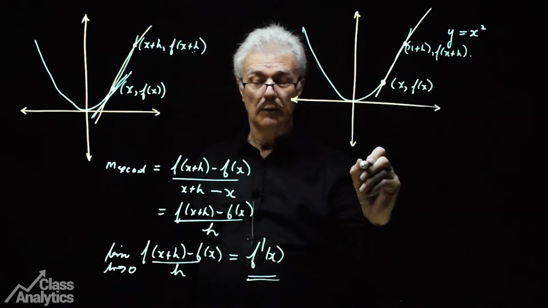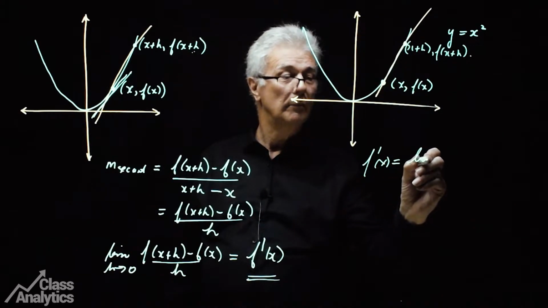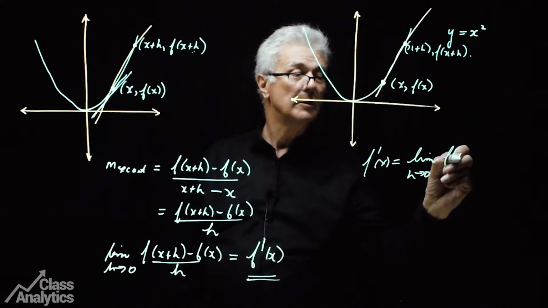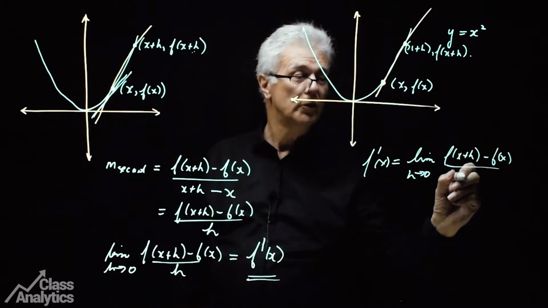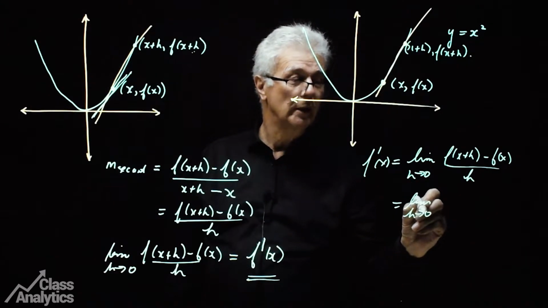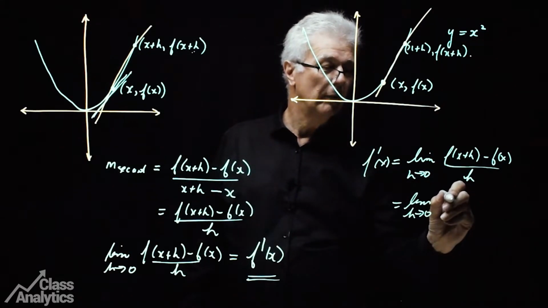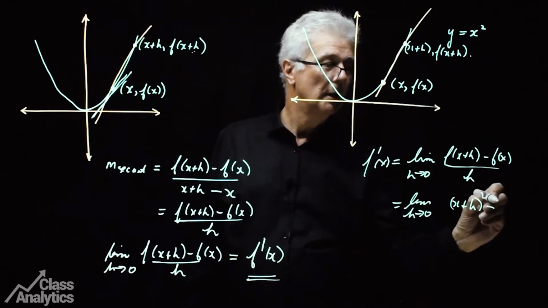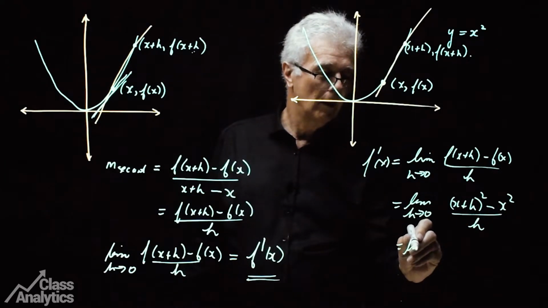So the f dash x is equal to the limit as h goes towards 0 of function x plus h minus function x all over h. So all we need to do now, we know what our function is, replace x plus h in the x, and we'll have x plus h all squared minus the function x squared all over h.